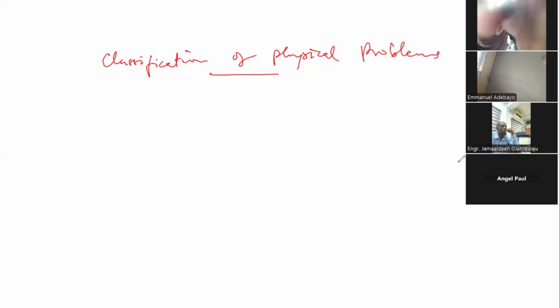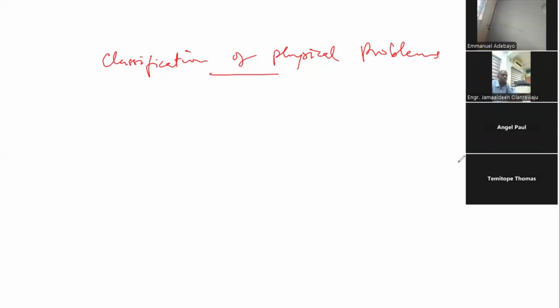Okay, yeah. Sorry, sir. We're looking up the classification of physical problems in engineering. So now we want to see if you'll be able to tell us the categories when we classify physical problems in engineering. So we've talked about some of the problems that could be ODE related, just a single independent variable.